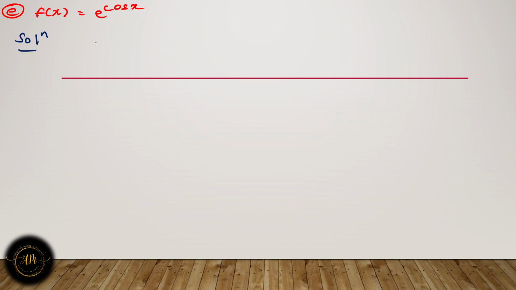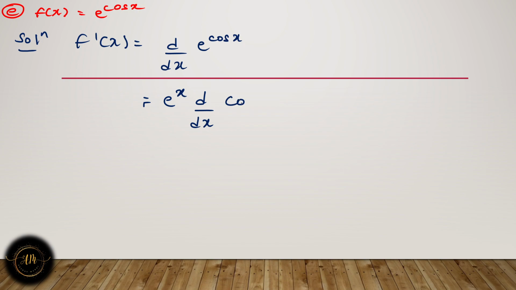Solution. F dash x is equal to d by dx of e power cos x. Derivative of e power x is e power x, d by dx of cos x. Derivative of cos x is minus sin x. I took it as e power cos x, I'm sorry for it.